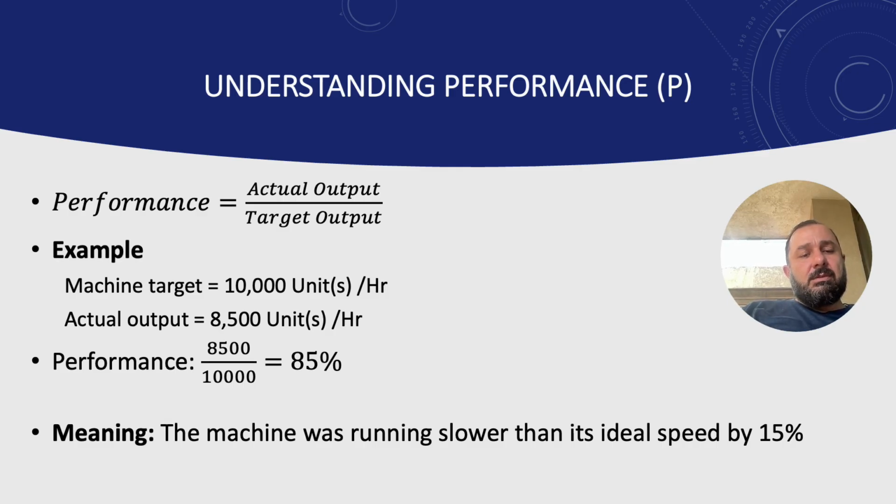If the machine target was 10,000 units per hour, and actually I produced at the speed of 8,500 units per hour, it means that my performance is 85%. So the machine was running slower than ideal speed by 15%.